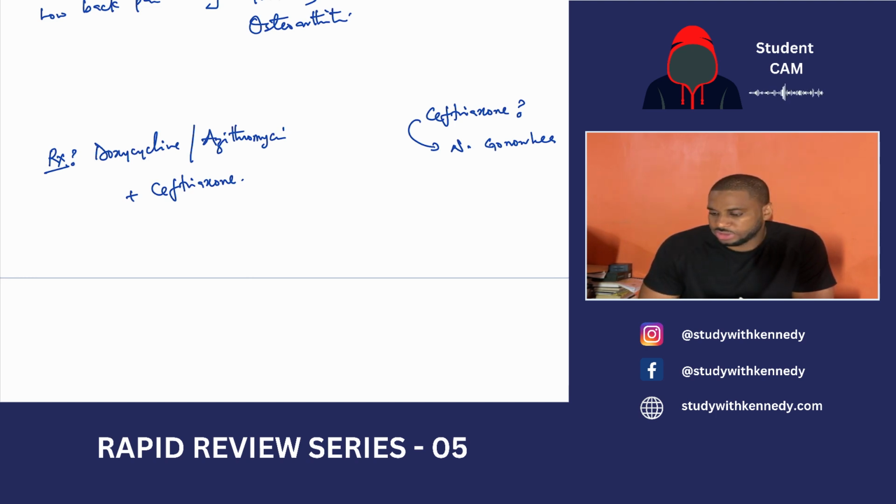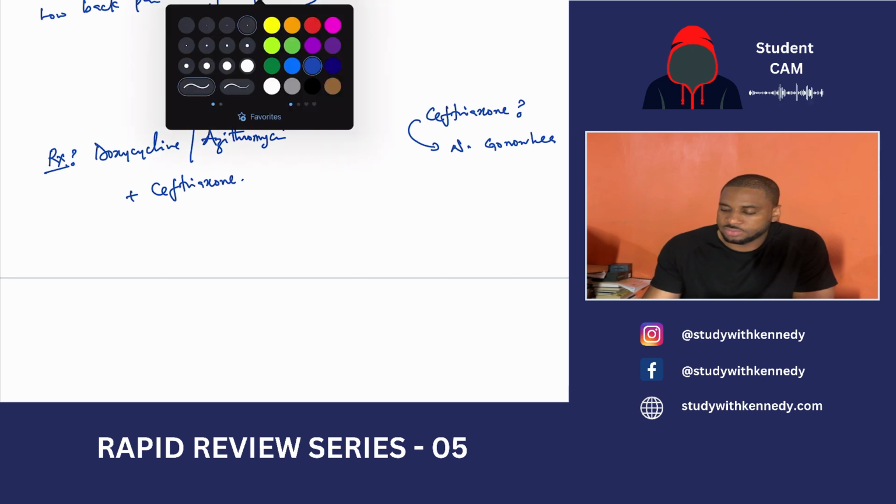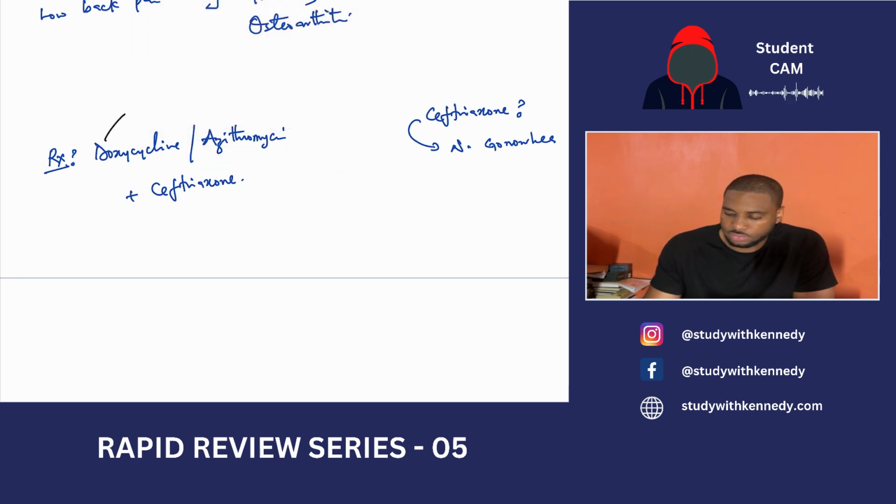What was the mechanism of action of doxycycline? It inhibits protein synthesis. How? They block the 50S.